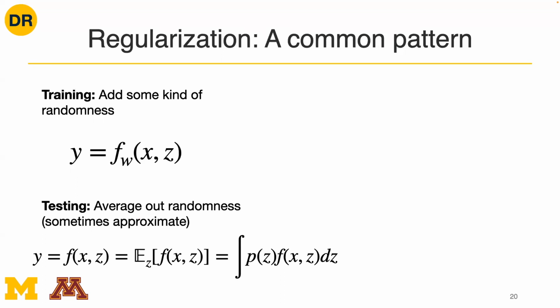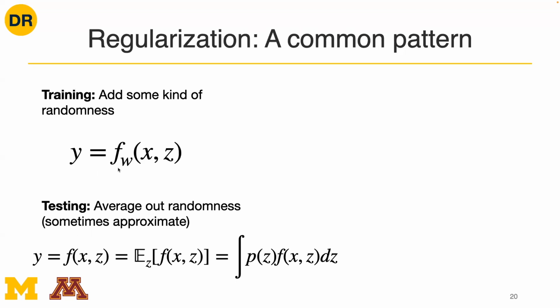Okay, so trying to wrap our heads around this idea of regularization, if we generalize this idea, we can find a pretty common pattern across both batch normalization and dropout. During training, most forms of regularization are really adding randomness to the training process.